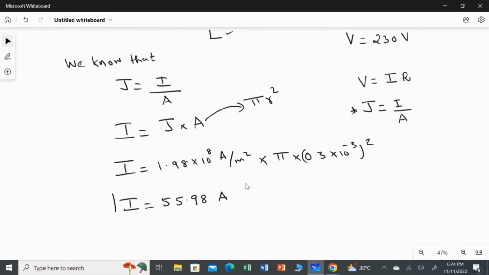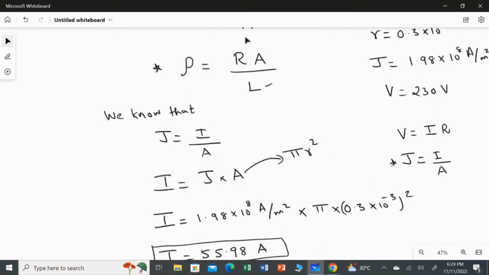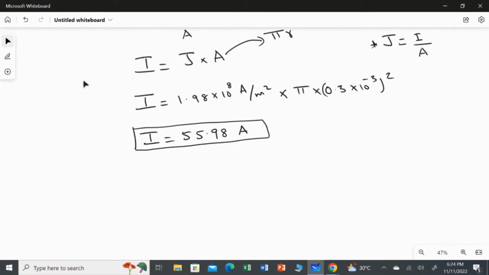Okay, so I'm going to keep this current here, and now we need the resistance, right? So how can we find it? We have the resistivity rule here, therefore rho is equal to R multiplied by A over L, correct? Now if you want to find the resistance, I have to use Ohm's law, V is equal to IR, therefore R is equal to V over I, right?